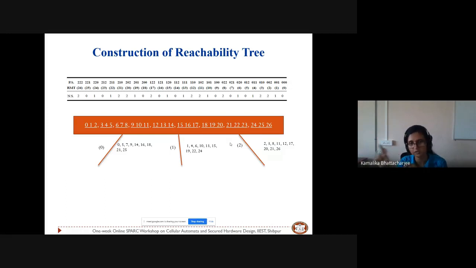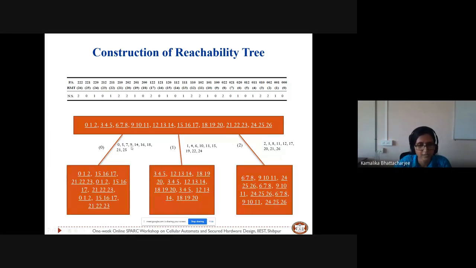So as it is 0, 0, 0, the two zeros will remain, and the third position will be filled with either 0, 1 or 2. So it is 0, 1, 2. Similarly for 5, we can develop the sibling RMT set as 15, 16 and 17. In this way, for each of the RMTs we form the sibling RMT set, and all the sibling RMT sets will be inside the same node.